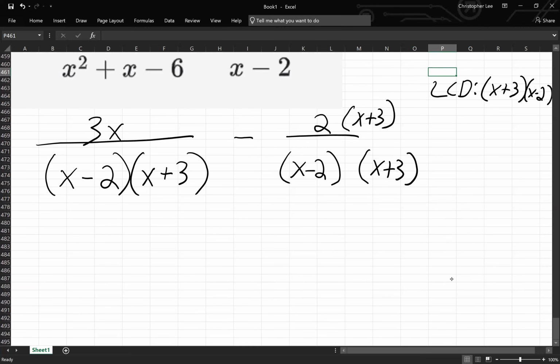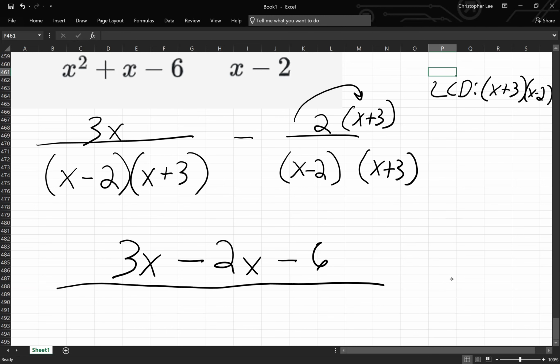Then after that, let's just distribute, combine like terms, all that good stuff. So I have 3x minus, distributing this over here, this is going to be 2x, and that should be -6. Questions on that? That's just the numerator, just the top part, over x minus 2, x plus 3.